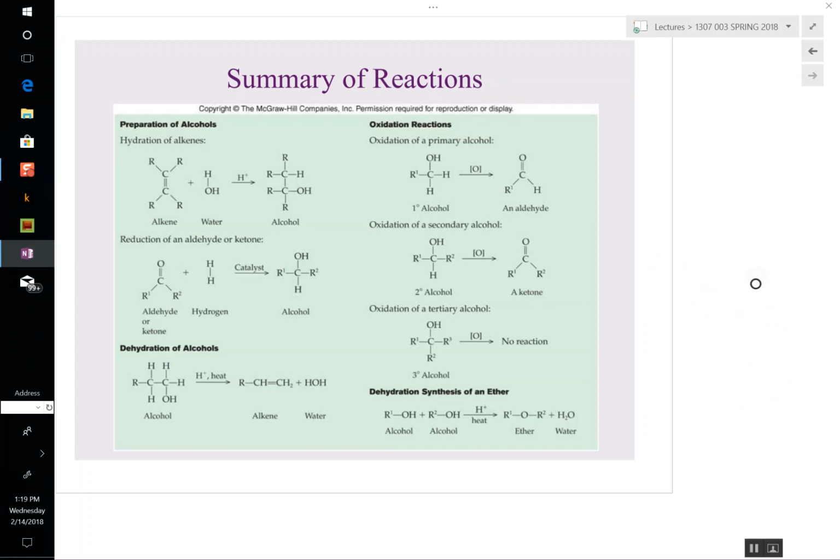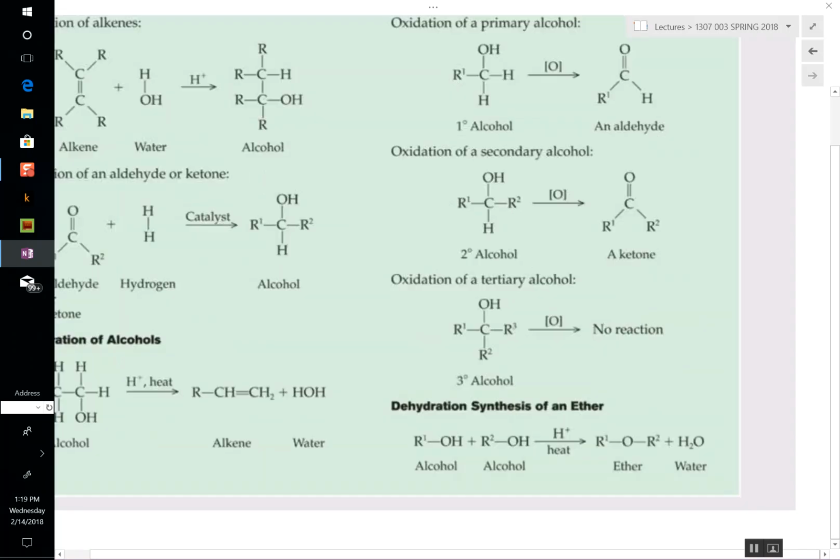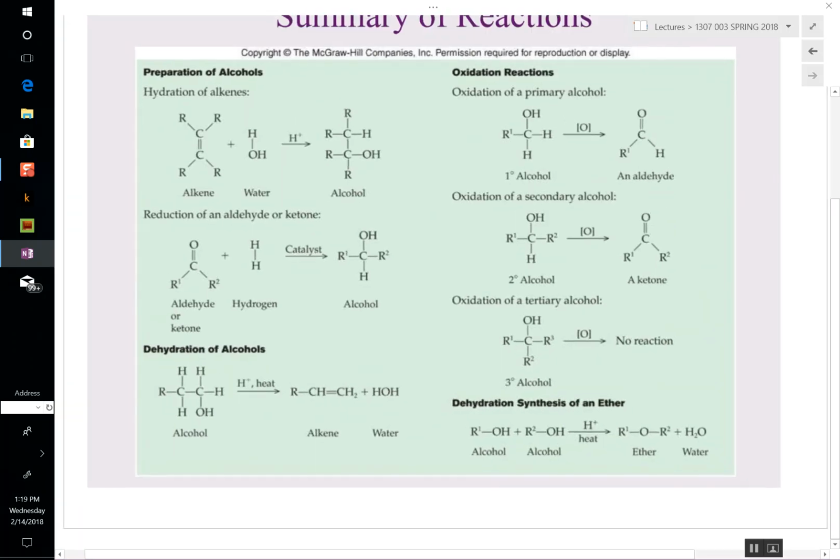This is a reaction summary, chapter 12. And it lays out some of those. It lays them out. And those are all reactions you should be familiar with. There's the 3 oxidation reactions. There's the hydration to prepare an alcohol. Here's the hydrogenation or reduction.